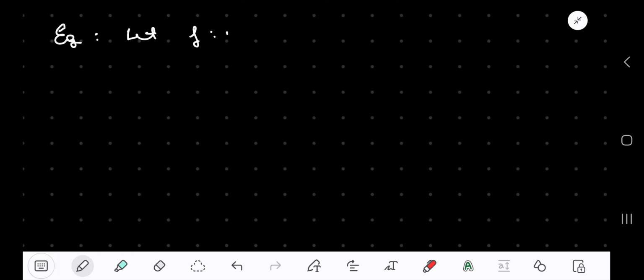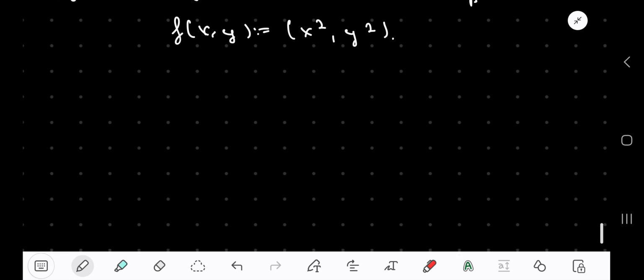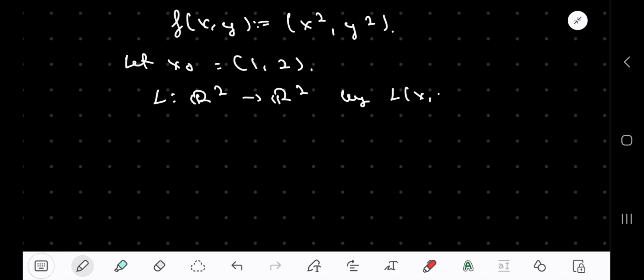So let f from R2 to R2 be the map f of (x,y) equals (x square, y square). Let x naught be the point (1,2), and let L be the linear transformation from R2 to R2 given by L of (x,y) equals (2x, 4y).